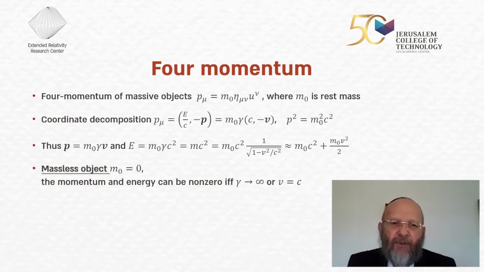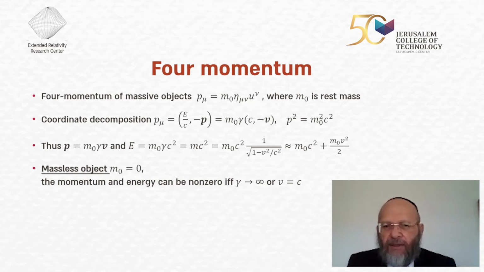So if gamma is infinity, m0 gamma may have a non-zero value. Only in that case will you be able to get a non-zero momentum. The same thing holds for energy, in order for the energy to be not 0. And if it is 0 energy, once more it doesn't exist, and m0 must be 0. So the only way, gamma must be infinity.